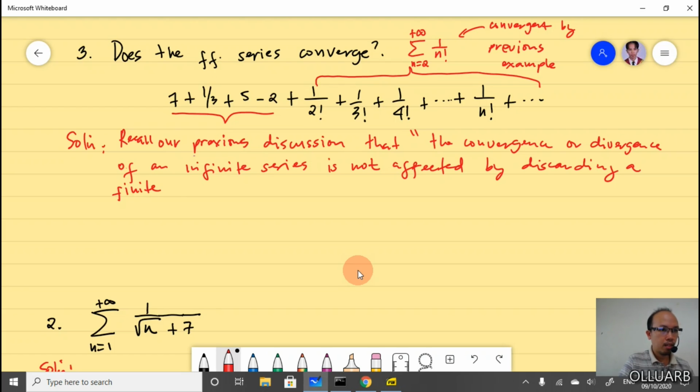Meaning to say, if this series is convergent and you add a finite number of terms, then the convergence or divergence of the series is not affected. Okay, by our previous discussion.